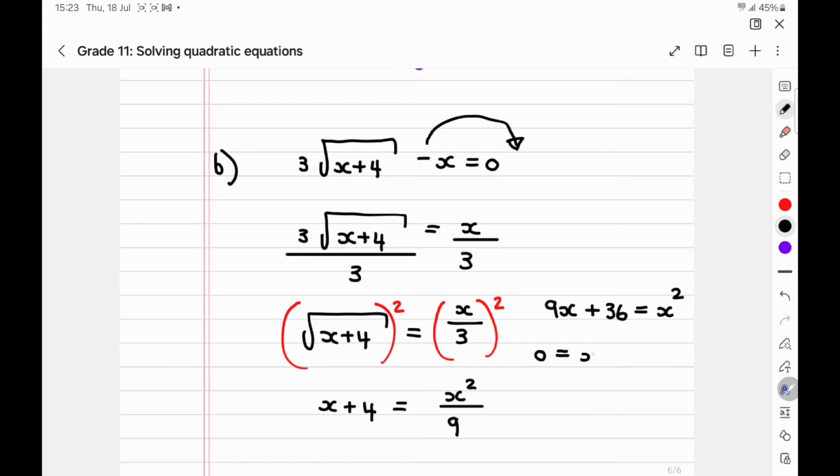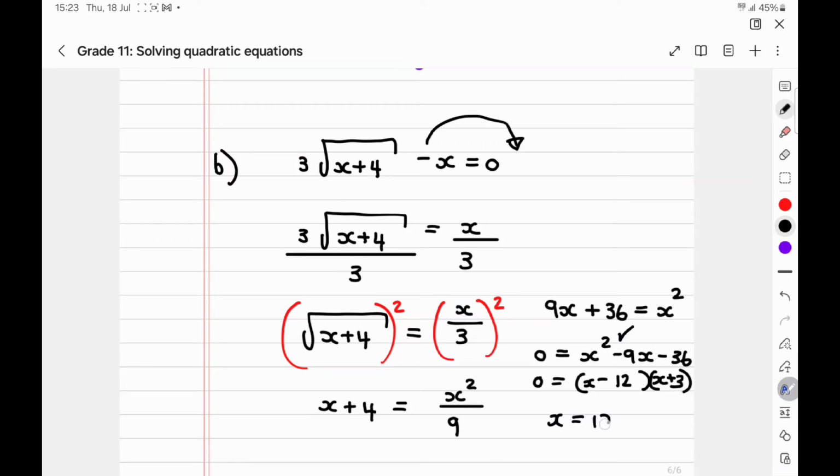Get your quadratic equation alone and factorize. Signs are different. The first one's a minus and a plus. And how about, let's see, I need to quickly think, how about 12 and 3? Let's check. Minus 12 plus 3 does give you negative 9.